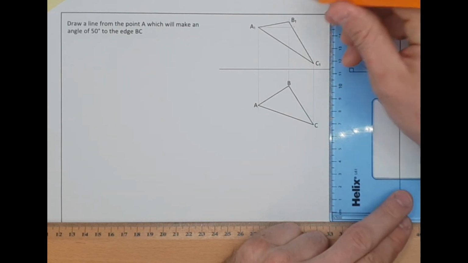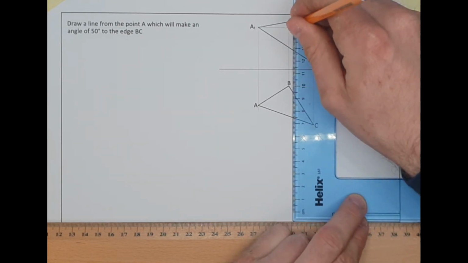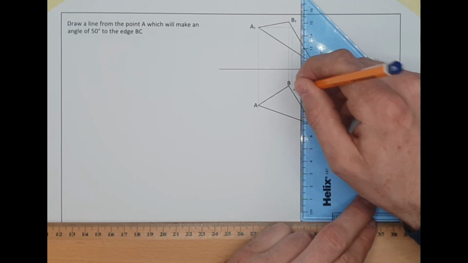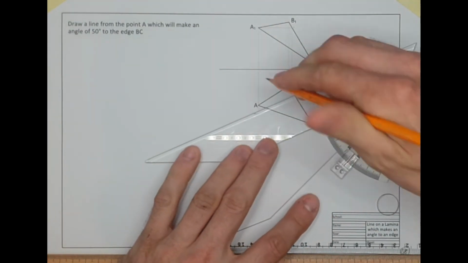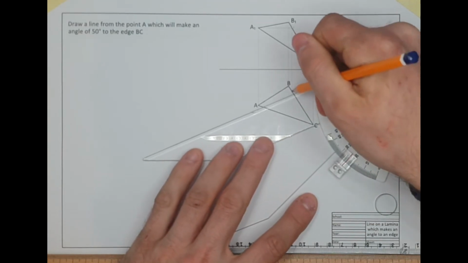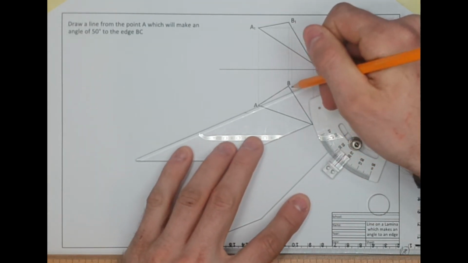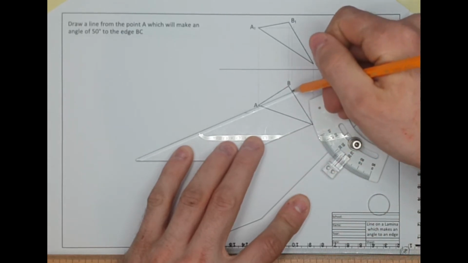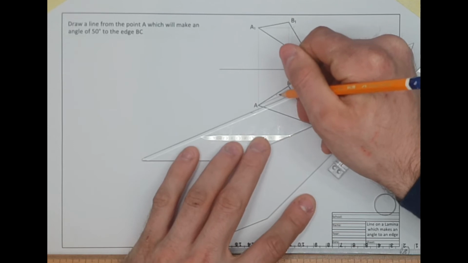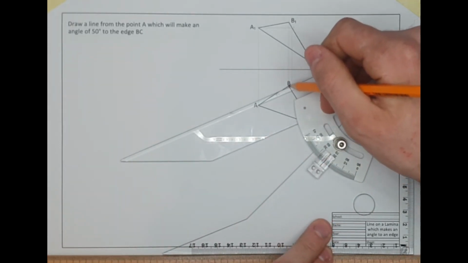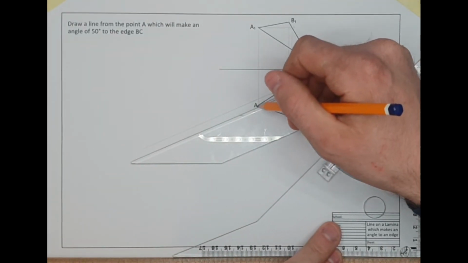Okay, point 1 is on the line BC, and I'm going to be viewing along 1A, right there. So that 1A is a true length line on a plane. I'm going to view along in that direction.